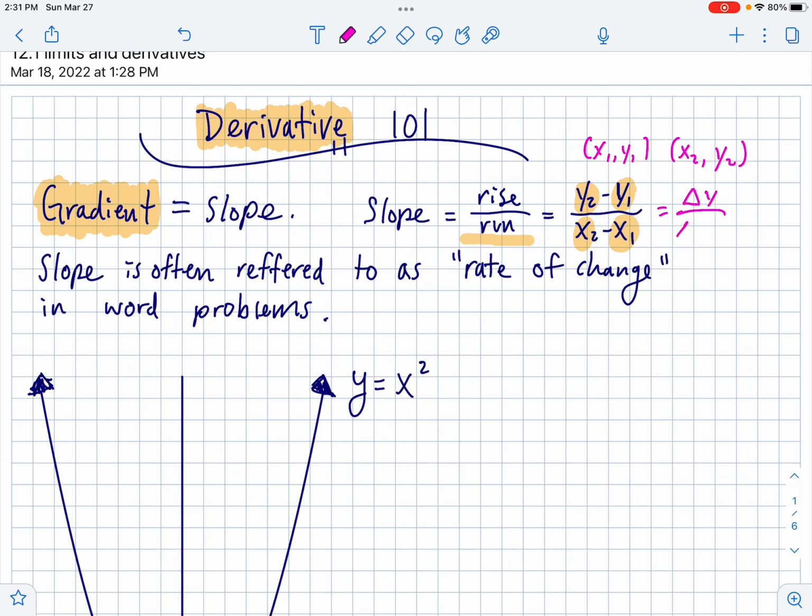So it's the change in y over the change in x. It's another way we can put it. So many ways to define gradients, slopes. Another way that in a lot of word problems they'll talk about gradients or slopes is the rate of change. So slope, gradient, rate of change, rise over run, it's all the same thing.